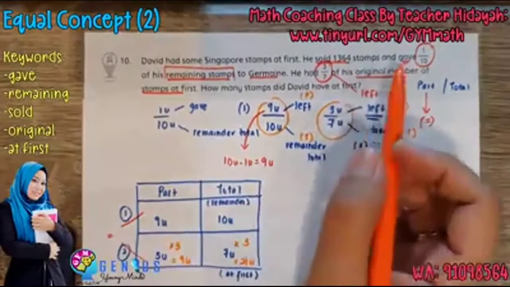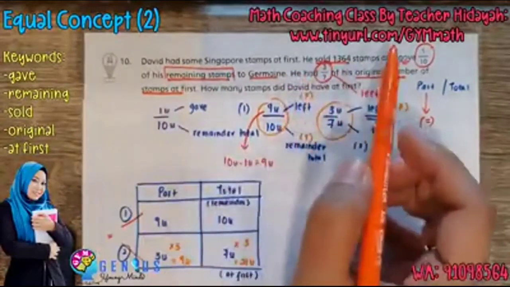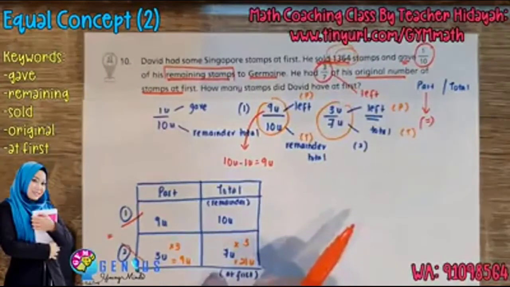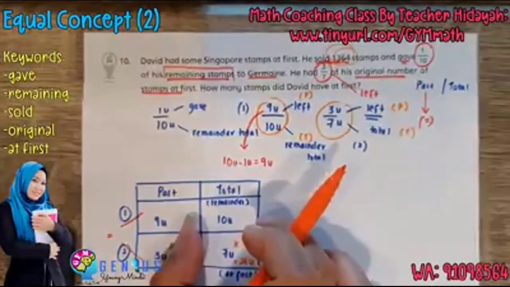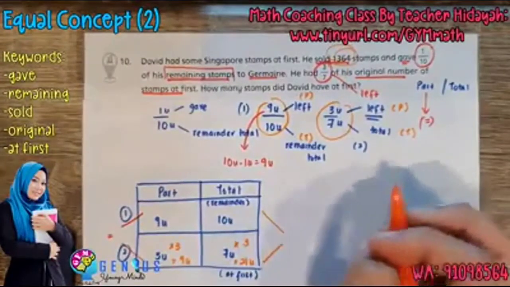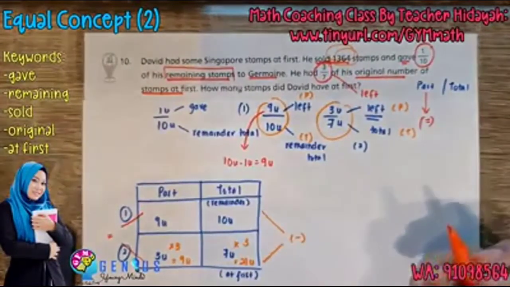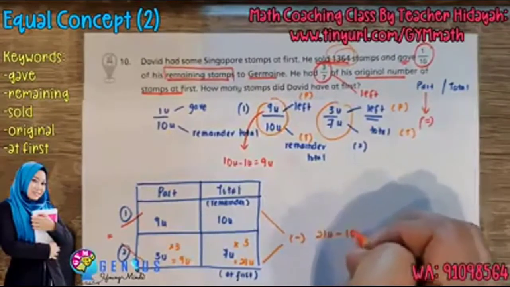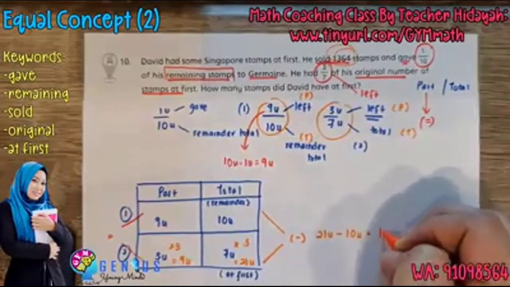So what we do here, since we know that he sold 1364: this is what he had at first, and this is the remainder after he sold 1364. So we can find out how many units he sold away. How do we do that? I take 21 units minus 10 units, and this will give me 11 units.